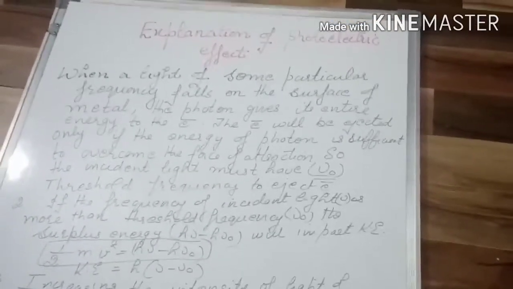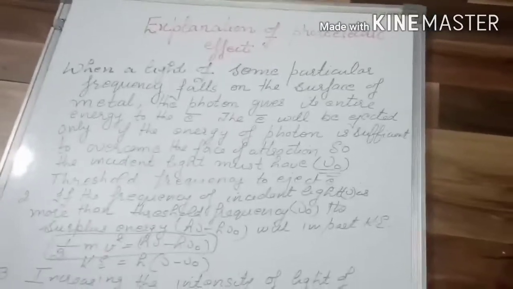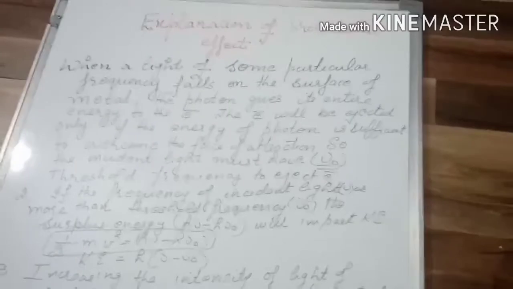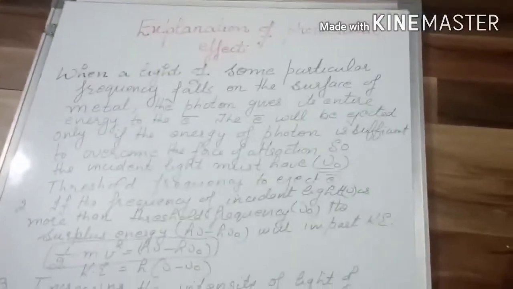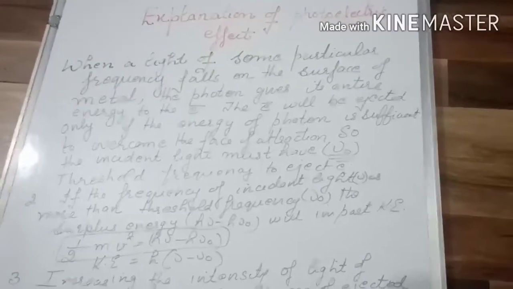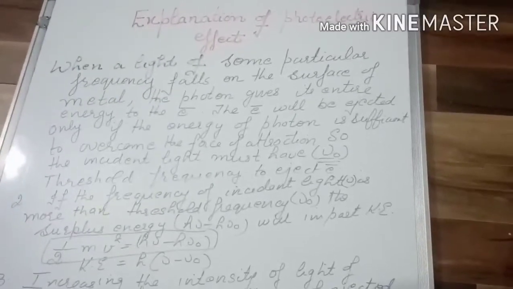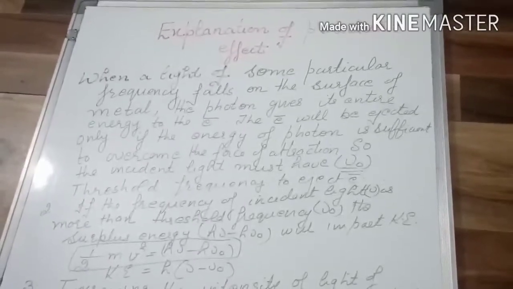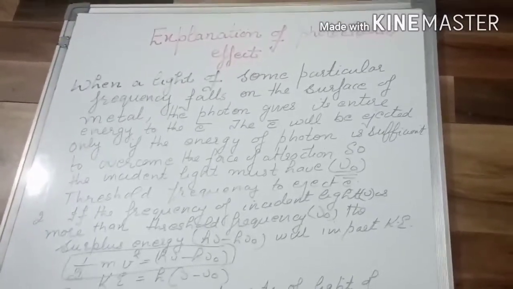The electron will be knocked out only if the energy of the photon is sufficient to overcome the force of attraction of the electron by the nucleus. That is why the photoelectrons are ejected only when the incident light has a certain minimum frequency called the threshold frequency.